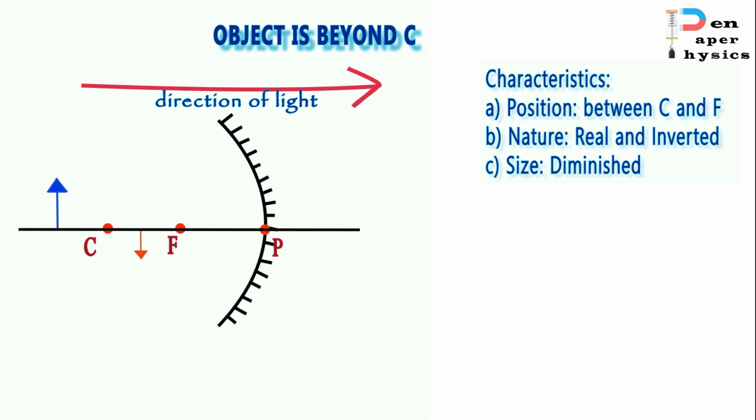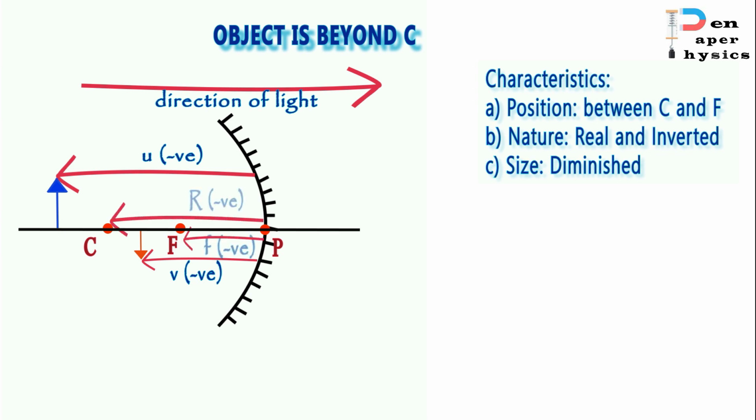Again we will take U from P, which is in the opposite direction of light, so U is negative. V is also negative since the arrowhead is moving in the opposite direction of light from P. For radius of curvature and focus, the arrowheads are also moving in the opposite direction of light from P, so both of them are negative.